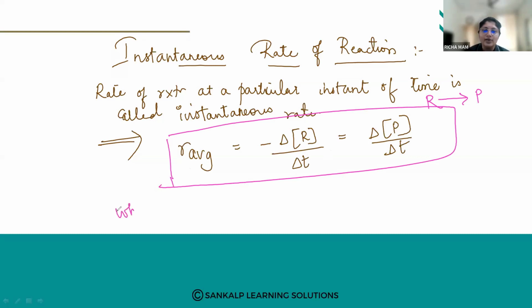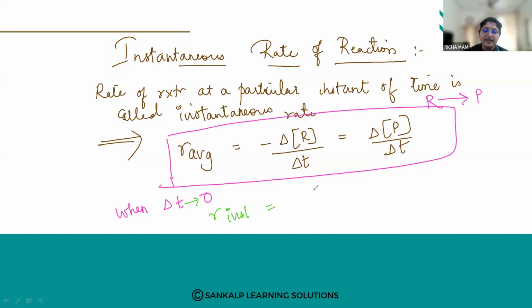Now, when delta t approaches 0, that is when we write the instantaneous rate. Delta t is not equal to 0, it is approaching 0.